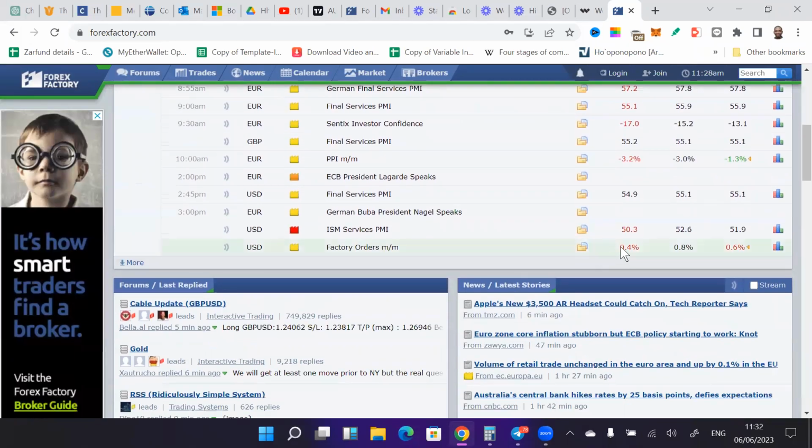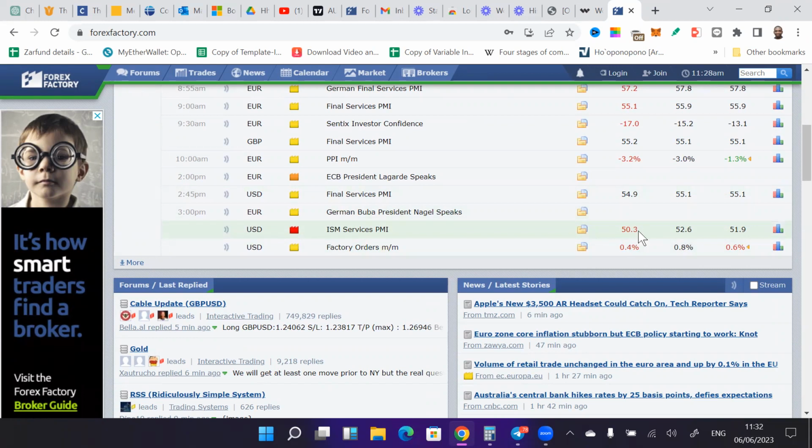I explained all this yesterday. Previously, we had the previous data for last month was 51.9. Then the forecast, analysts and economists always do those forecasts. We explained that yesterday. So we had 52.6 for the forecast. And then when the data itself actually got released, it was 50.3.